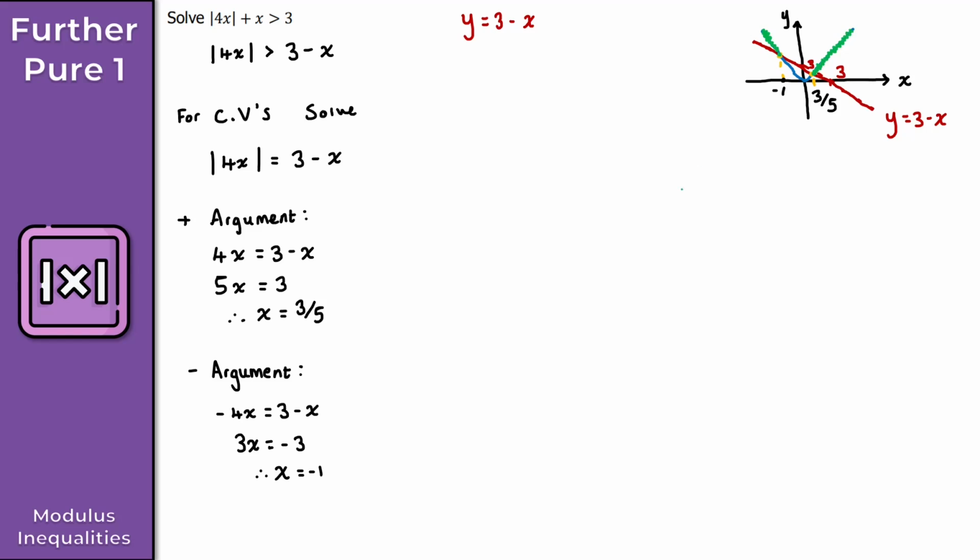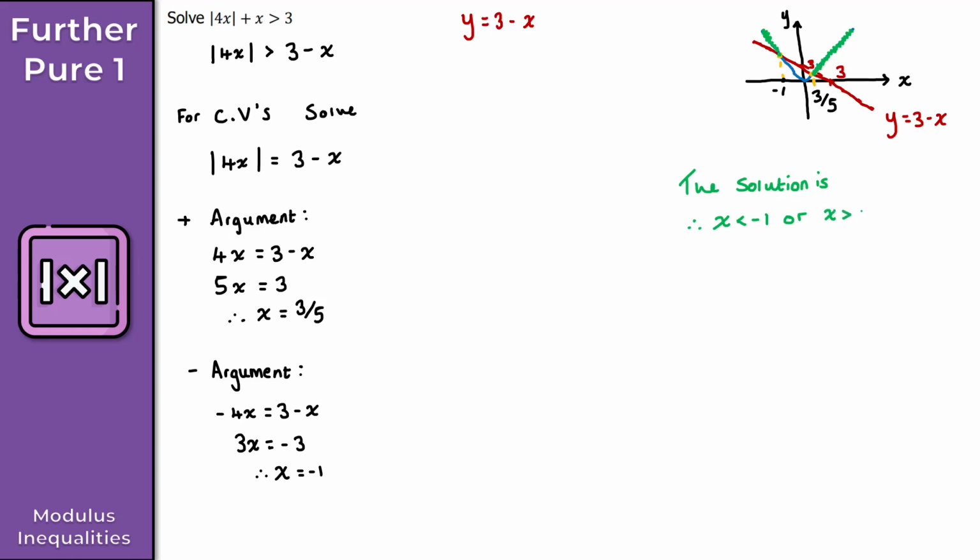So the solution is the following. What I found here is x must be strictly less than minus 1, or x is strictly greater than 3/5, as we can see where I've shaded in green.